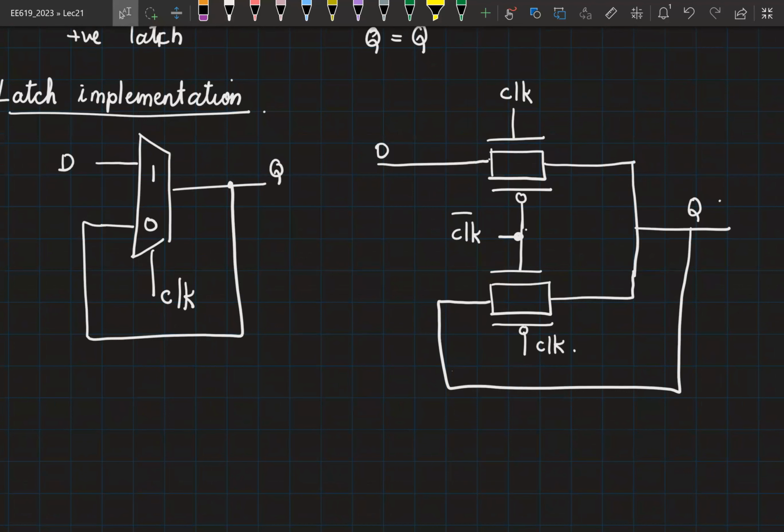Okay. So now if I ask you about the delay from data to Q, what comment can you make? Right, but would you be able to estimate the delay, or is some information missing? Right, but what information do you need to be sure about the answer?